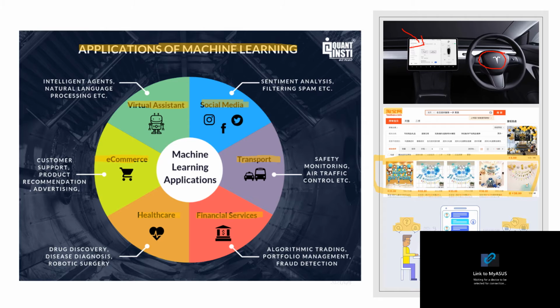Today you have lots of applications to discover problems inside your X-ray, your CT scan, etc. In financial services, machine learning tries to become a fund manager. All the transactions may not be handled by a real human fund manager, but by some machine.